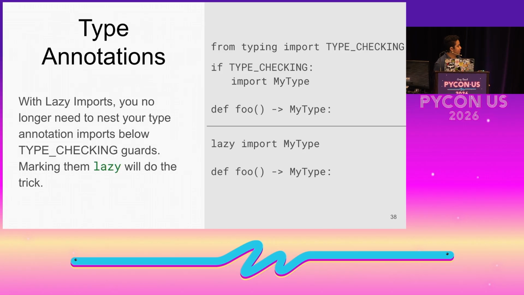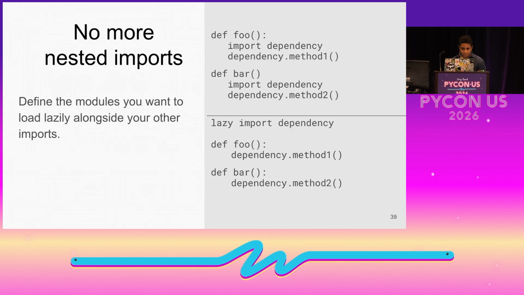It can look just like any other import, and you can defer them at runtime just using the lazy keyword. And then the other scenario that I wanted to point out is you also no longer need to manually nest your imports. You can move your import right to the top of the file, like the good old PEP 8 intended.